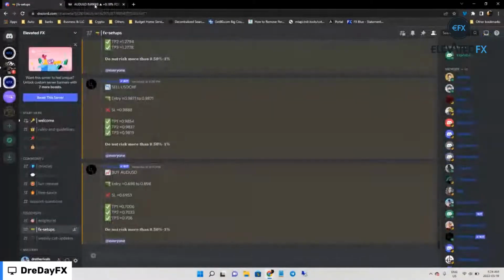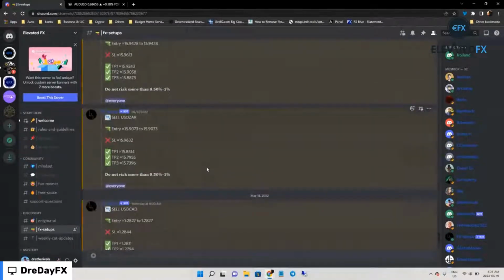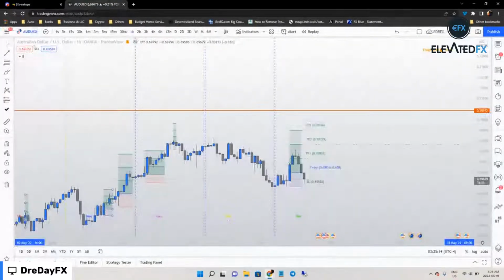Okay, fortunately we didn't have any trade idea that was sent out here at 3, so let's look at the previous ones. We had one on the 17th for USD ZAR.